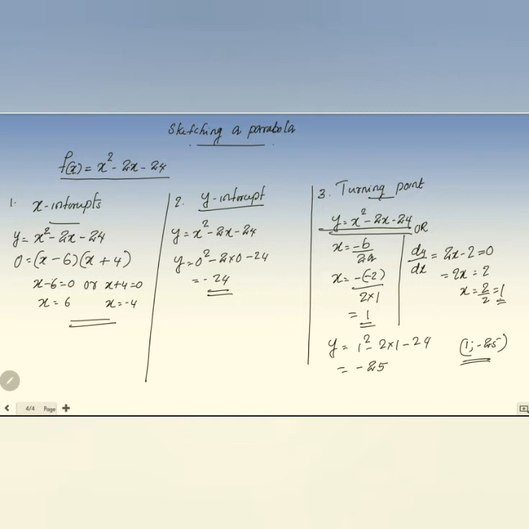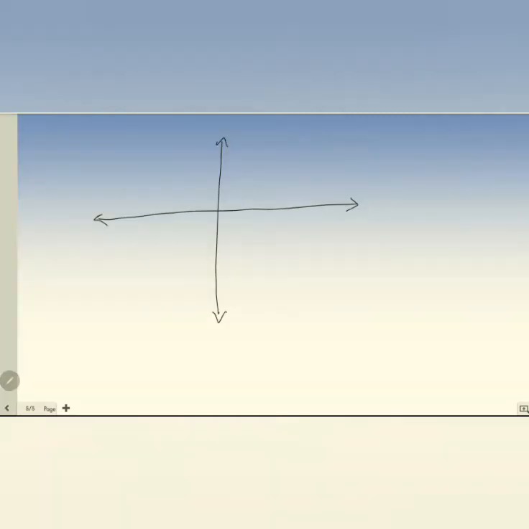Now I'm going to draw the parabola. You can see here I draw the x-axis and the y-axis. Now I have to plot the x-intercepts, that is 6 and minus 4. 6 is somewhere here, and minus 4 is somewhere here.